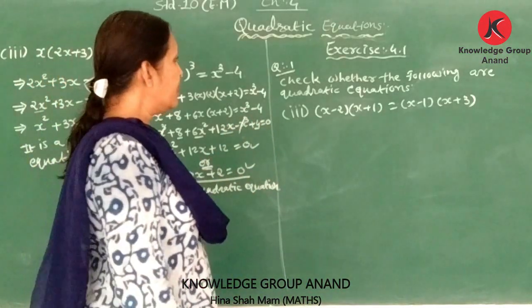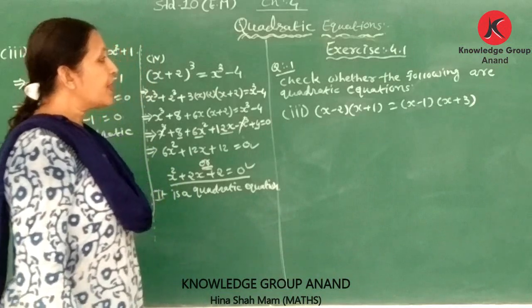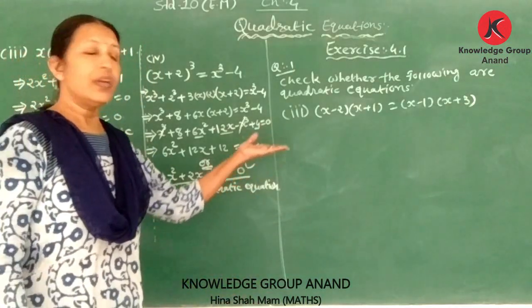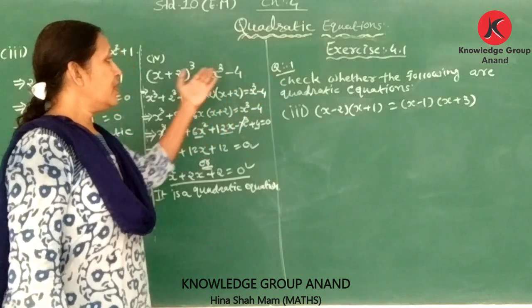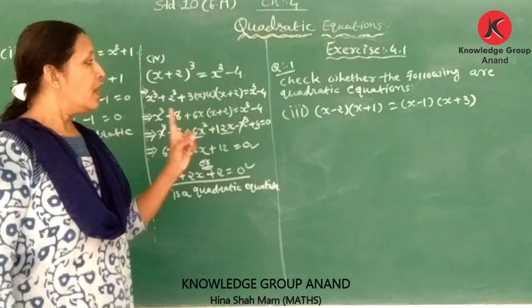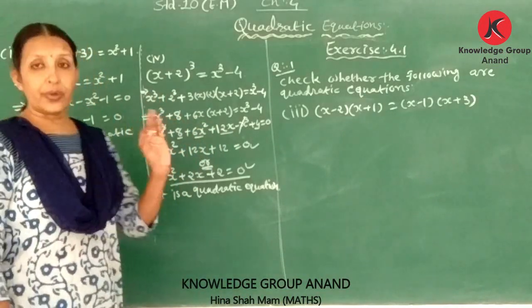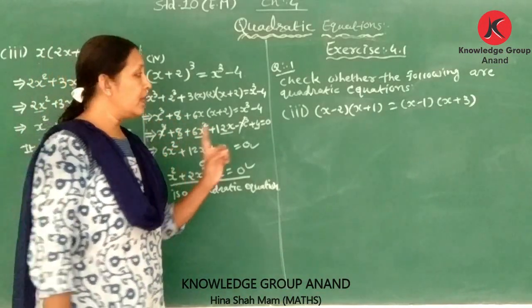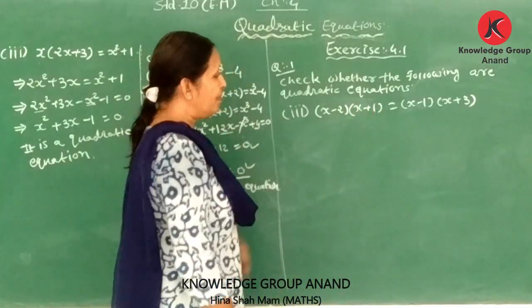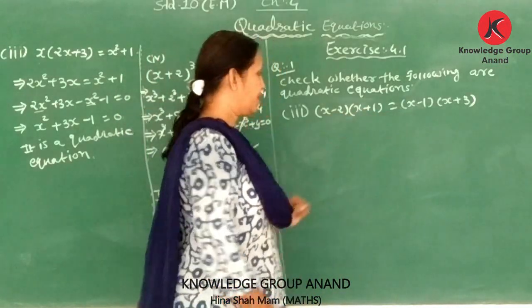Exercise 4.1. Check whether the following are quadratic equations. Now, question number 1 is like this question. Is it quadratic or not? First and second, do yourself in homework. Number 3, I simplify this question.